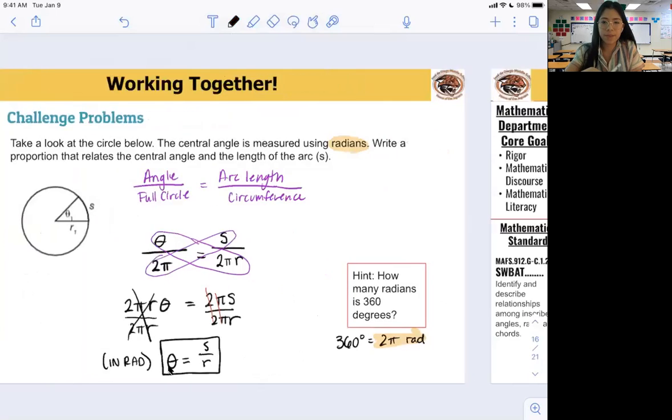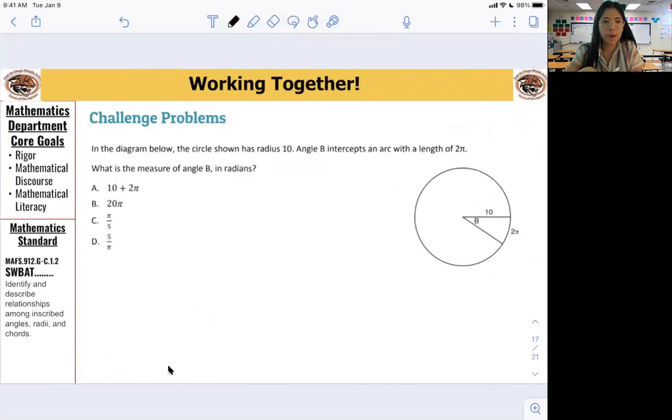All right. Running kind of low on time, but let's do this one. So here's an example. We want to know the measure of the angle. Remember what we just said. Theta would be equal to s over r. So all we've got to do is fill in the blanks. What's the length of my arc length? 2, that's a pi actually, so 2 pi.